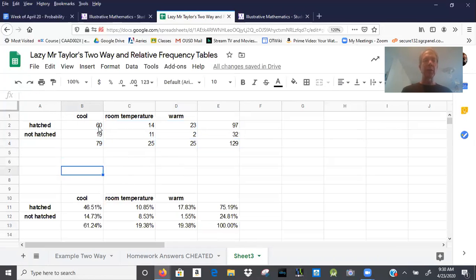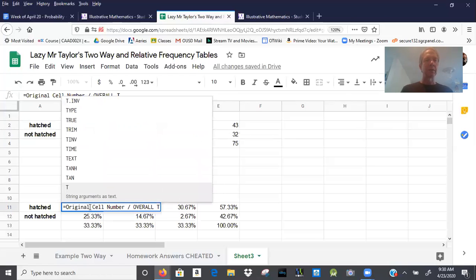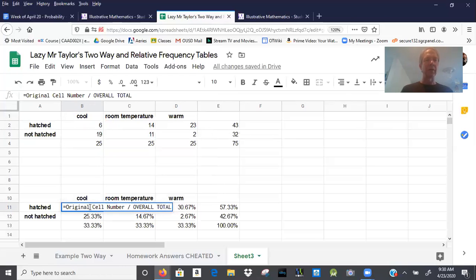And then to turn it into a frequency table, each number is the original cell number divided by the overall total. Now this is just nonsense; if I hit enter here, it won't do anything. But that's the formula: whatever that original number is, divide. So in this case, 6 divided by 75. And this one here is 23 divided by 75. That's where all these numbers are coming from.